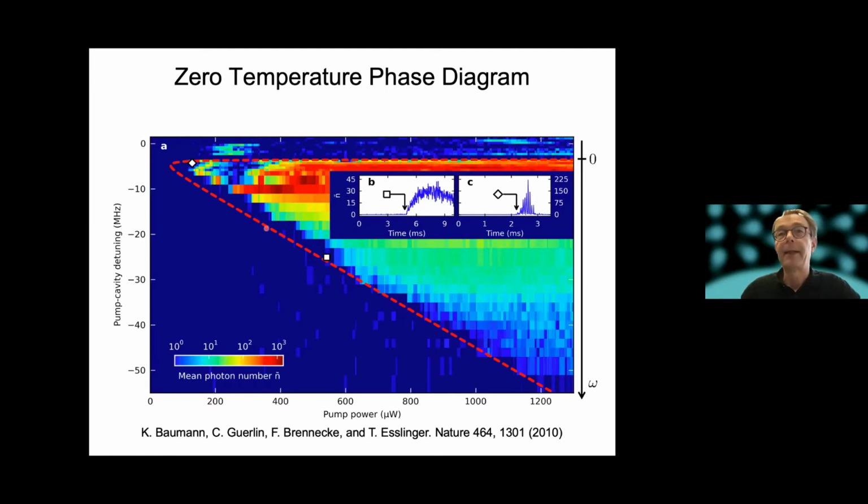You can theoretically calculate that you expect the dashed line for a simple model as the phase transition. In the inset, you can see this diagram is made by increasing the pump power over time. This line here corresponds to that line, and then you start to see photons, plotted in a color code. So that's this line.